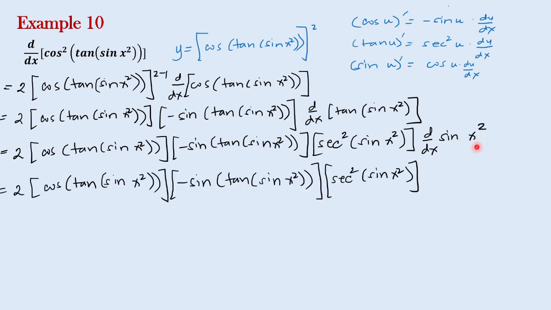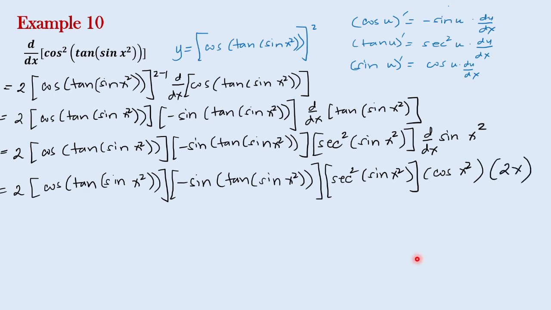So getting the derivative of sine x squared, so this is our formula for sine, that would be cosine u, so that would be cosine of x squared. So this is our u now. And the derivative of x squared, so you need to multiply it to du dx. So derivative of x squared is 2x.